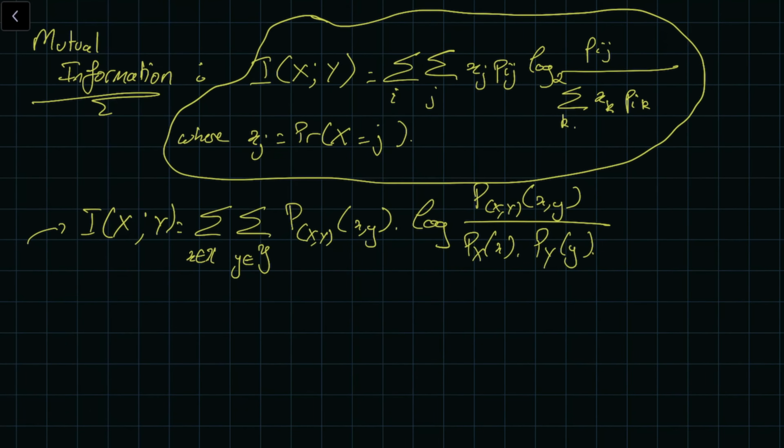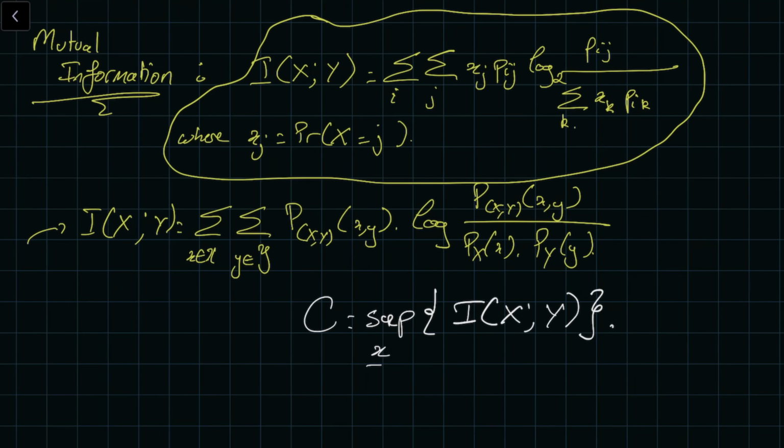Now that we've got the mutual information, we can define the so-called capacity, which is the supremum over all PDFs of x of the mutual information. In mathematical optimization, you can formulate the capacity of any channel using an optimization problem.